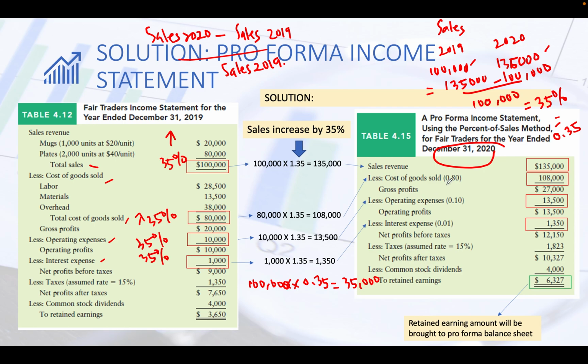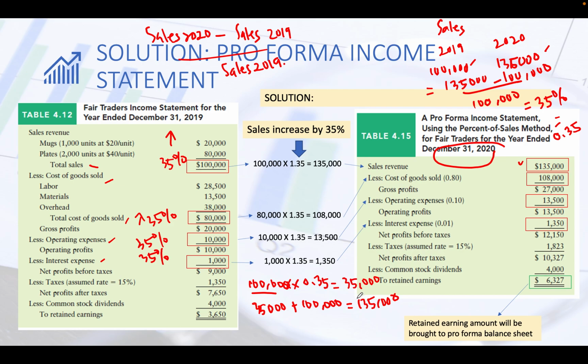When we want to actually put the total sales revenue, kalau kita letak 35,000, dia dah kurang daripada 100,000 lah. Kita nak 135,000. Jadi 35,000 ni mestilah campur dengan nilai asal dia, 100,000, baru dah dapat 135,000. Right?